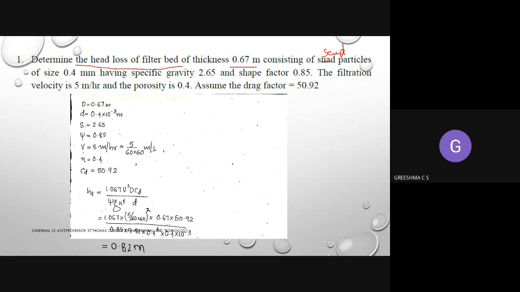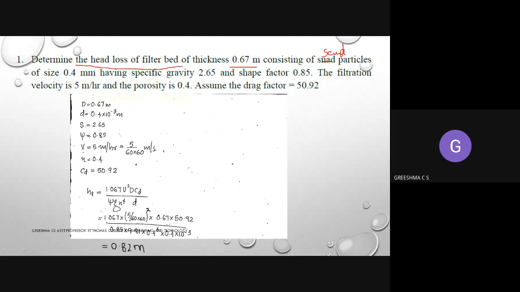H is equal to 1.067 V square D CD divided by psi G n raised to 4 into D. So you can directly substitute all the values. 1.067, V means filtration velocity.